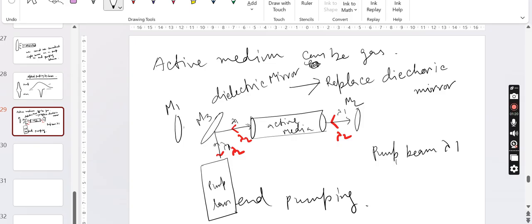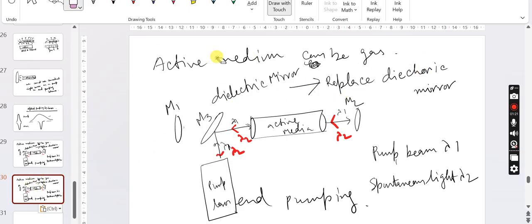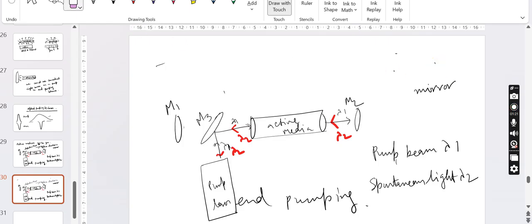What happened is that the ordinary dielectric mirror M3 reflects the light at lambda 2, which is the spontaneous light. That is a dichroic mirror now.